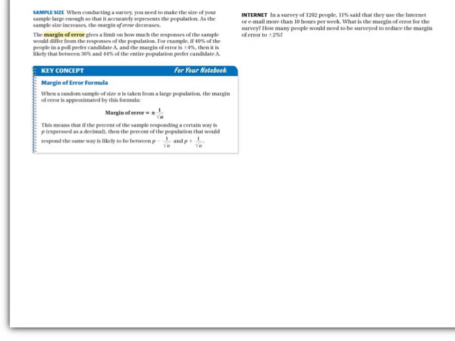Okay. So the margin of error, that's this. So they want the margin of error first. So the margin of error equals plus or minus 1 divided by, what was our sample size? Square root of 1,202. So square root of 1,202, you get approximately 35.